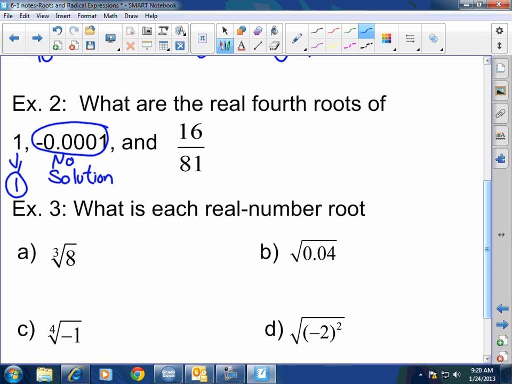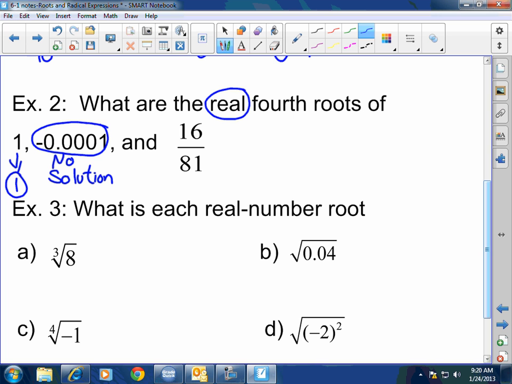What are the real fourth roots? There are no real fourth roots because negative 0.1 times negative 0.1 is positive 0.01. Then times a negative 0.1, it's going to be negative 0.001. And then times another negative 0.1 would be positive 0.0001.